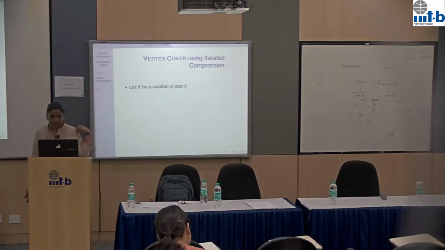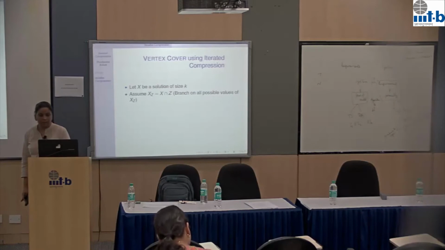So let X be a solution of size k. We don't know X yet, so we are assuming that such a solution exists. Then we guess the intersection of Z with that optimum solution, and we branch on all possible values of XZ.